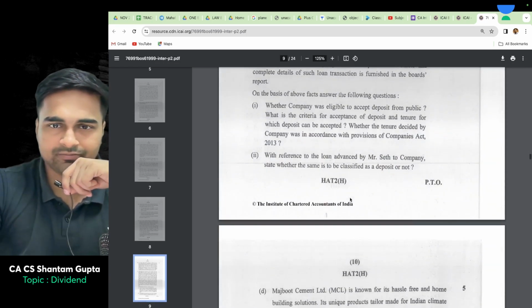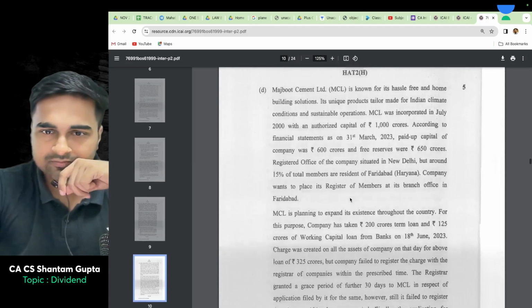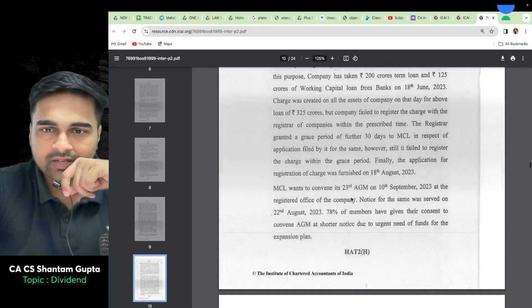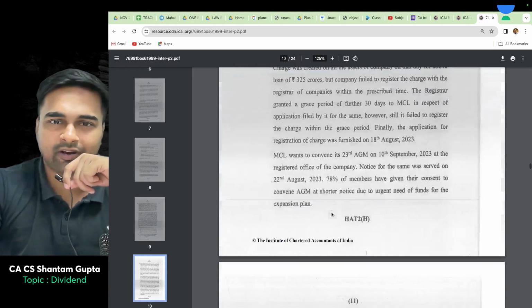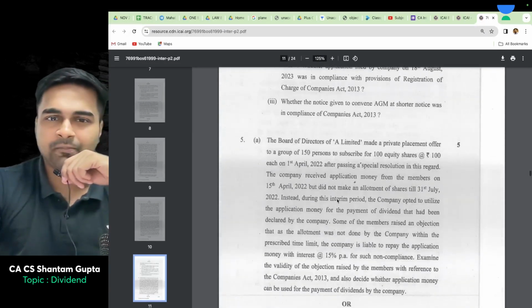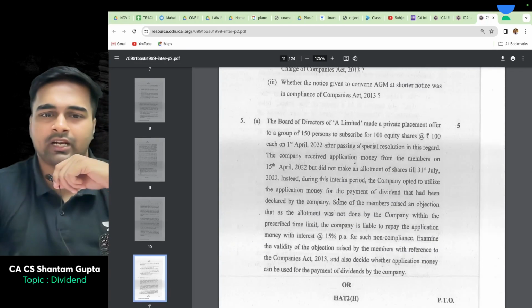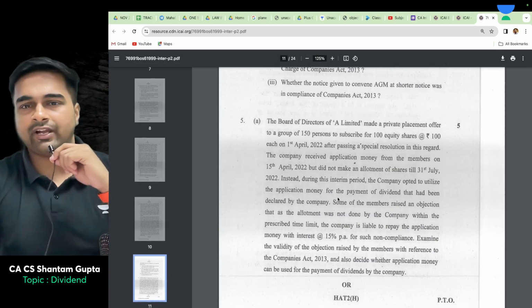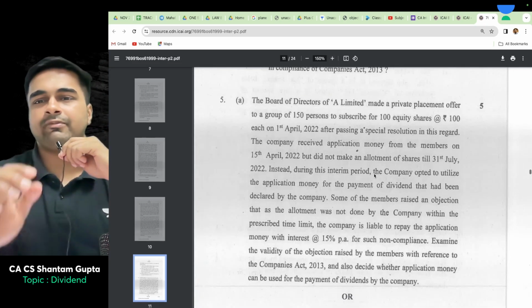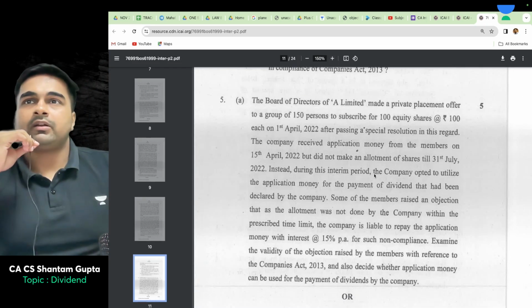C portion. AGM shorter notice, 95%, here. Charges are here. See, deposit and charges will always come together. Come guys, question is here. 5A. It will always be. Dividend is in all papers. 5 marks. Okay, let's start.